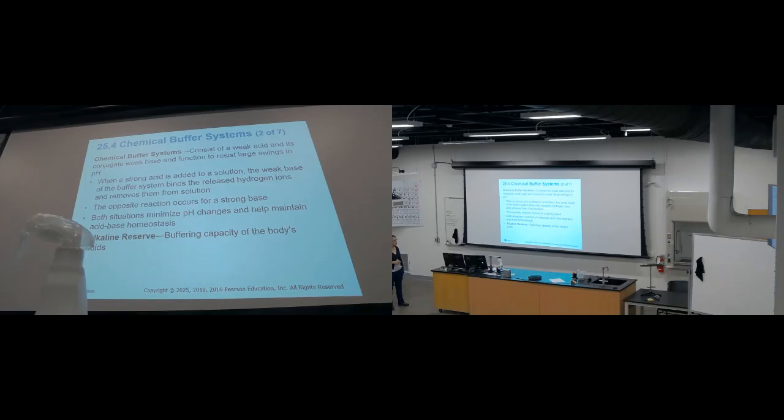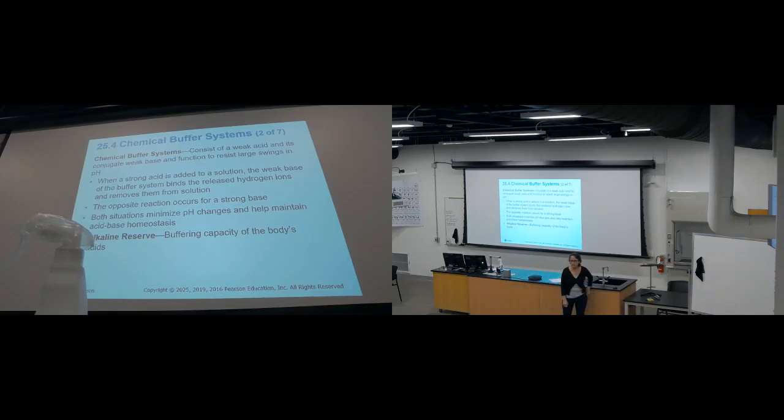Now, in order to control the levels of hydrogen ions in our body, we have buffers, which are molecules that have a base part and an acid part, so it's a conjugate molecule that can serve as an acid donating hydrogen ions when needed and absorb hydrogen ions when needed. So when a strong acid is added into a solution, the weak base of the buffer system will bind this excess of hydrogen ions, and vice versa with the strong base.